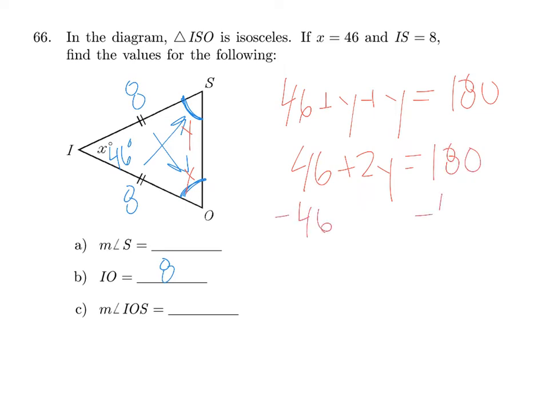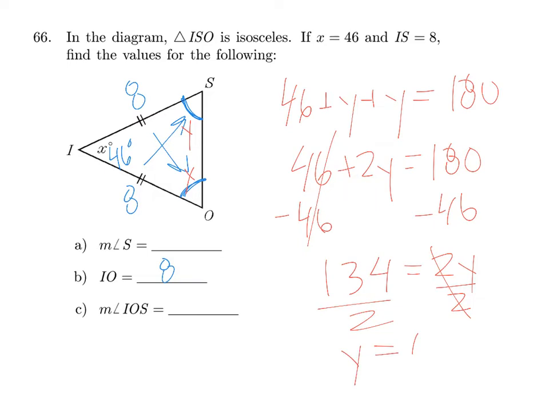Subtract 46. Now 134 is equal to 2y. Divide by 2, and y is equal to 67. So each of these angles is 67. That's 67 degrees, and IOS is 67 degrees. That's all there is to it.